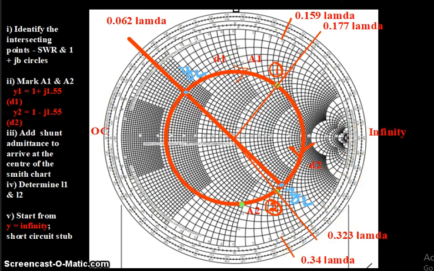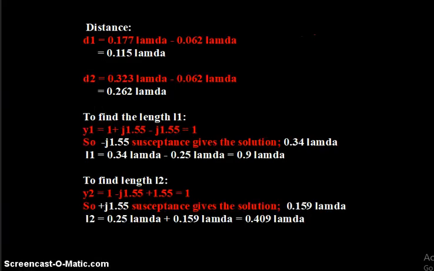Then from this point to 0.159 lambda, that will give the length L2. That is explained here. L1 equal to 0.34 lambda minus 0.25 lambda, because this is the starting point. Instead of 0, we are having 0.25 lambda.